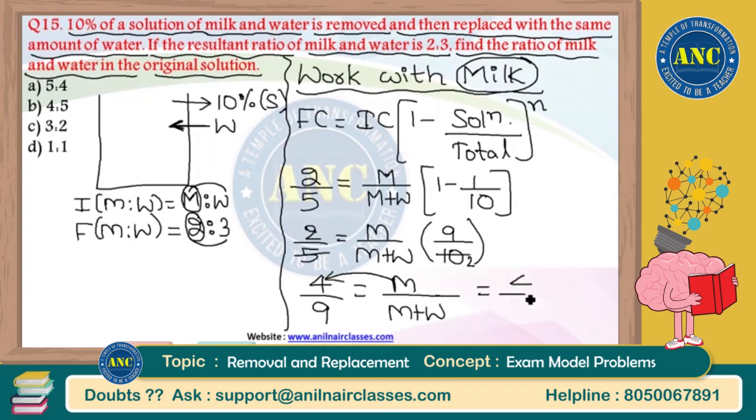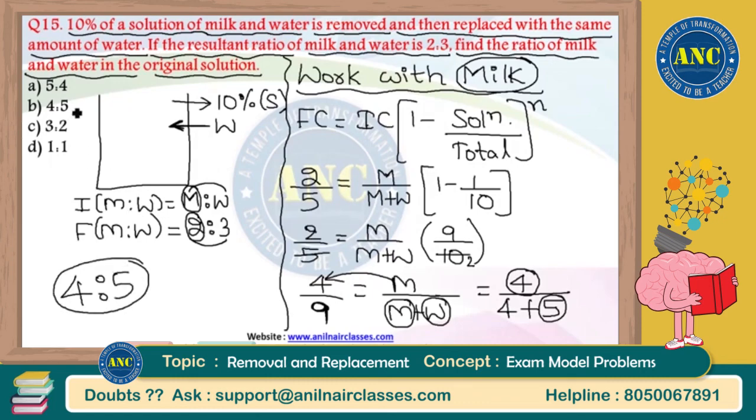Here also M value I will write as 4 plus W value. How much should it be? Denominator should be 9, sir. Something 4 plus something should give you 9. Something is 5. That means M value is 4, W value is 5. Milk and water ratio initially is 4:5. Answer option is option B. Where is the difficulty?